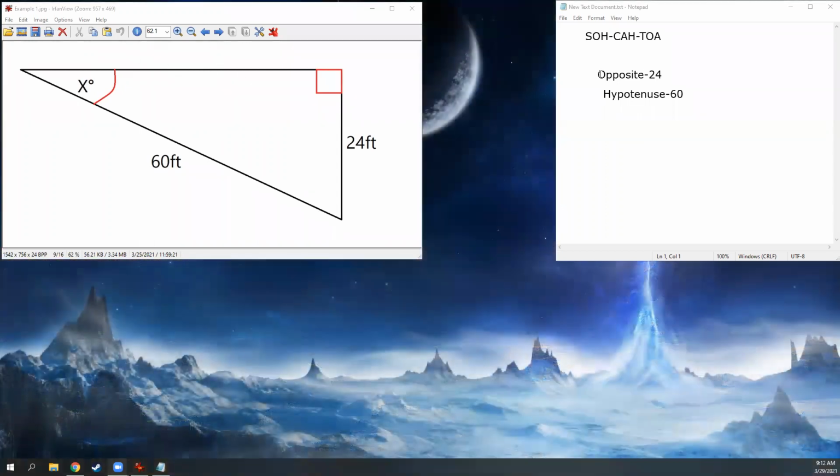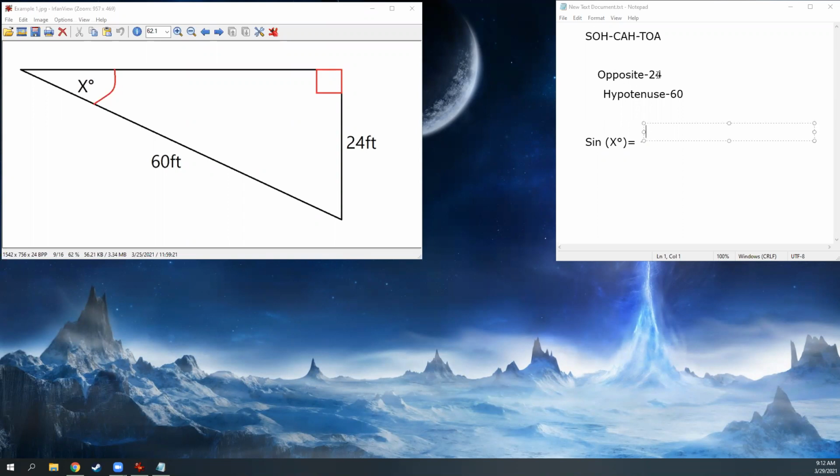So come over here, we've got O, H, and OH is the very first one. No A, so those two are out. We're doing sine. So we're going to set it up just like we normally would. Sine of the angle, which just happens to be x, equals, using SOH CAH TOA, S-O-H, sine equals opposite over hypotenuse.